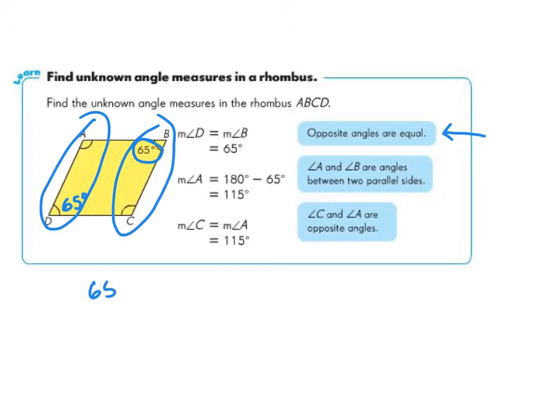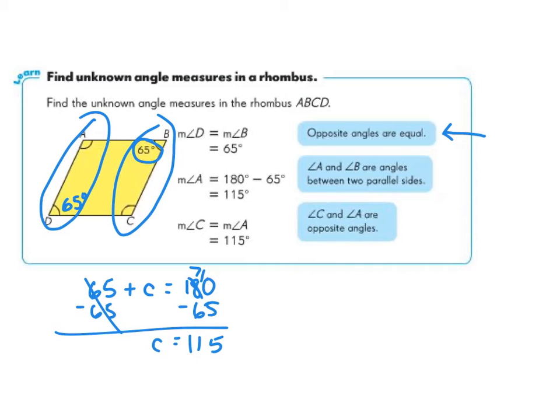So 65 plus, I'll just say, angle C equals 180. What does that make C to be? Well, if we subtract 65 from both sides, that means C is 115 degrees. So this is 115 degrees, and if that is, so is the opposite angle.